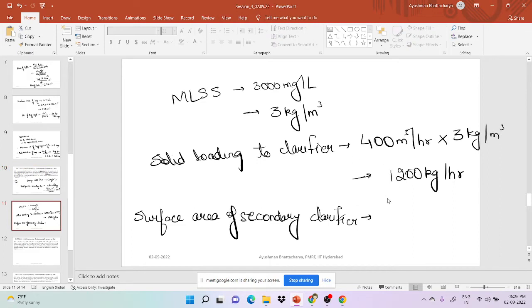Total solids 1200 kg per hour divided by 3.2 kg per meter square per hour. So it will be 375 meter square. If you divide it, the meter square will go up in the numerator. This is 3.2, 375 meter square.